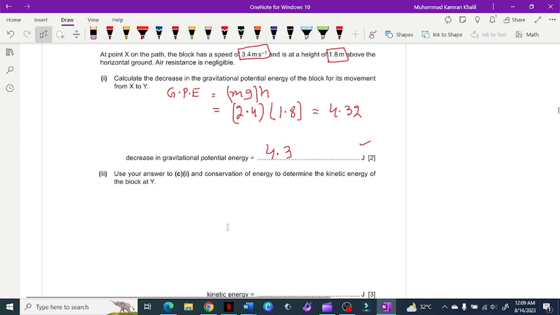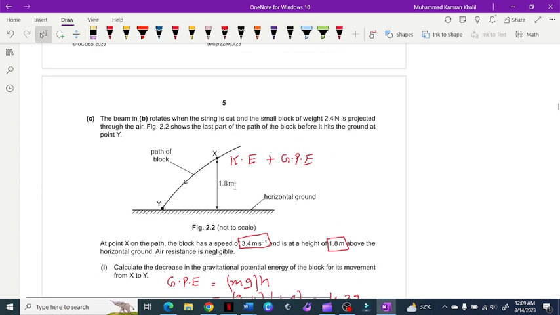Use your answer and conservation of energy to determine the kinetic energy of the block at Y. Now it is already in movement. So at Y, it has GPE, which was initially 1.8, and then the kinetic energy. He has told us to use the law of conservation of energy.